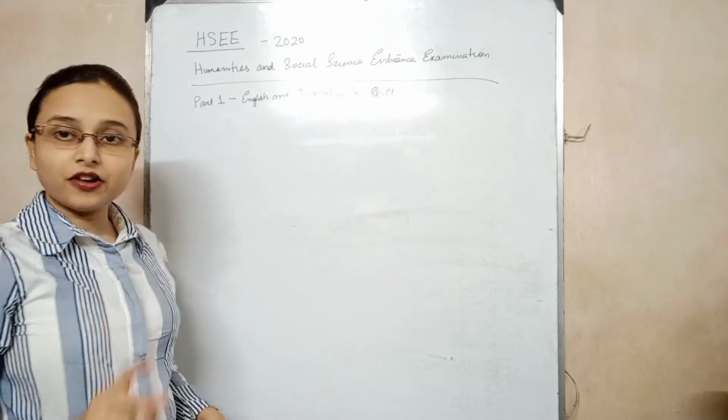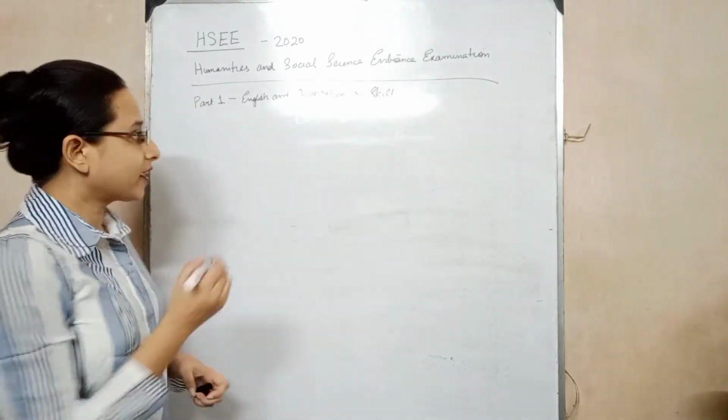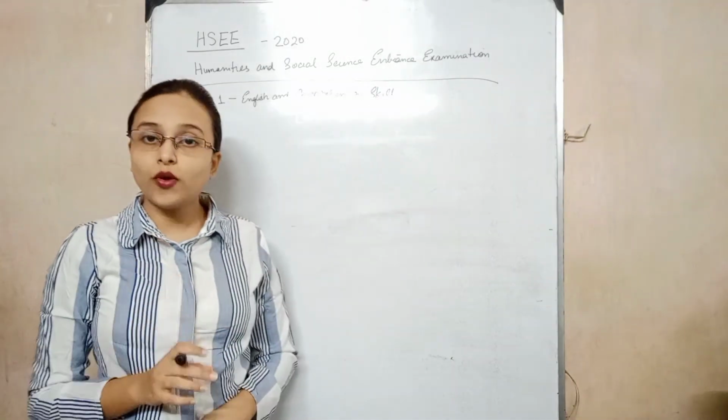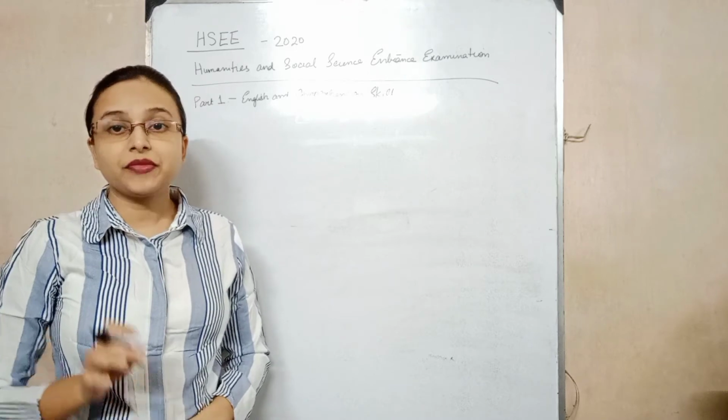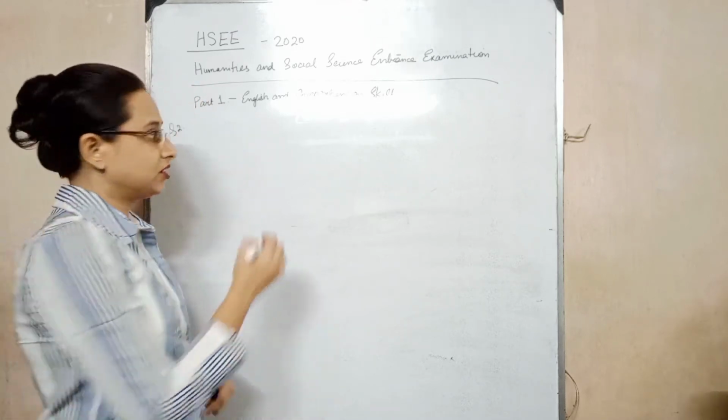Okay, so the first question relating to the passage is done. Now I will do the second question. Okay, question number 2. Which among the following does pose a challenge to young authors?